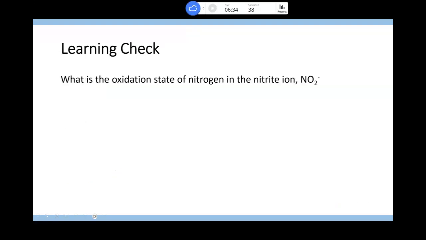Okay, let's go through. Now we have a polyatomic ion. The overall charge of this nitrite ion is -1. So we need the oxidation state of nitrogen and of 2 oxygens to equal -1, because that's the charge of the compound.